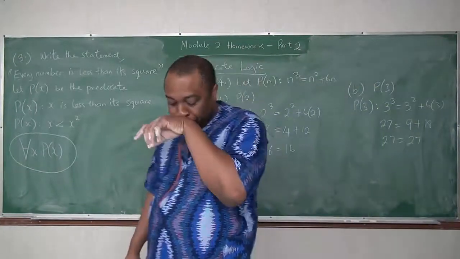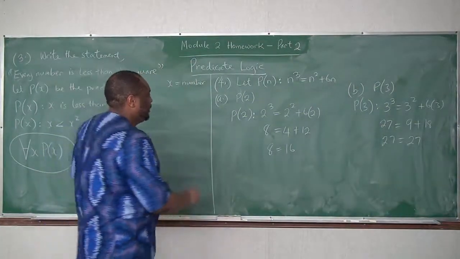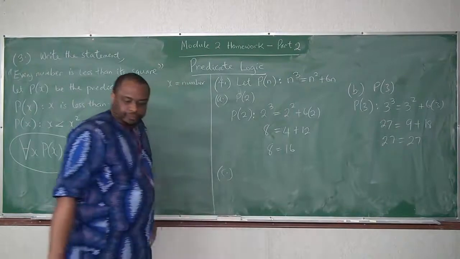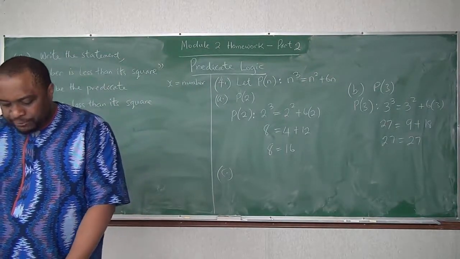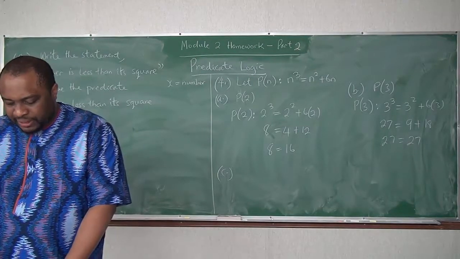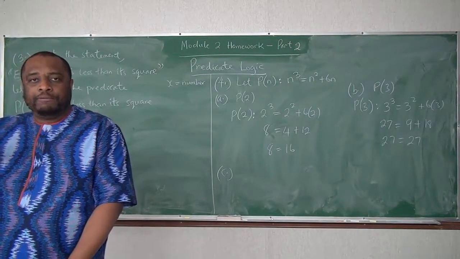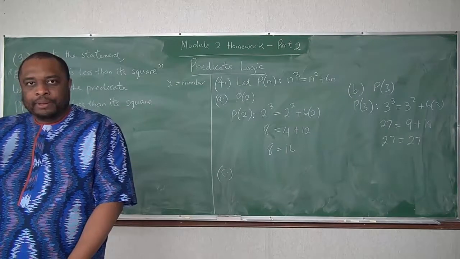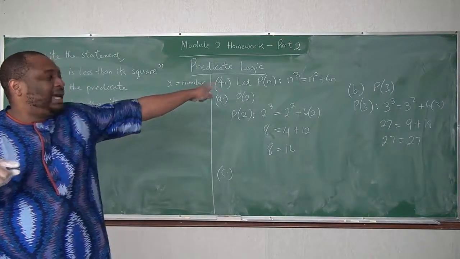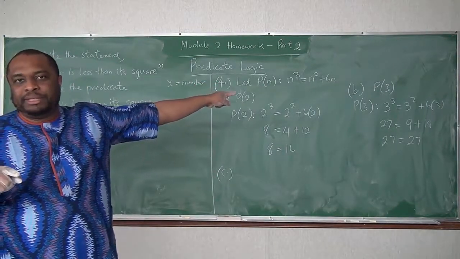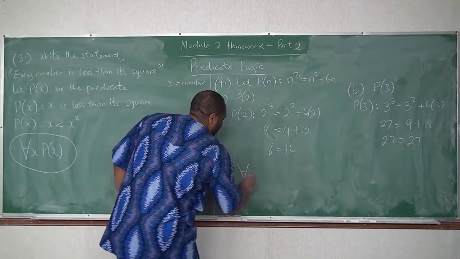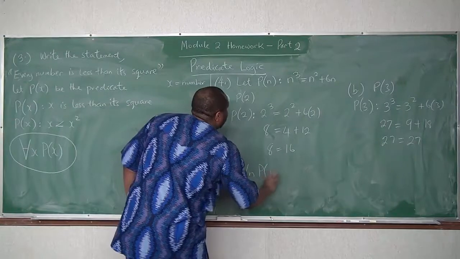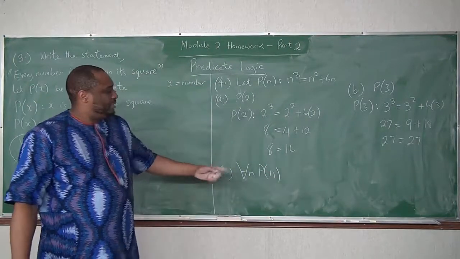Now, C part. C says, what is the truth value of for all n, such that n cubed is equal to n squared plus 6n? For all n, P of n, what's the truth value?